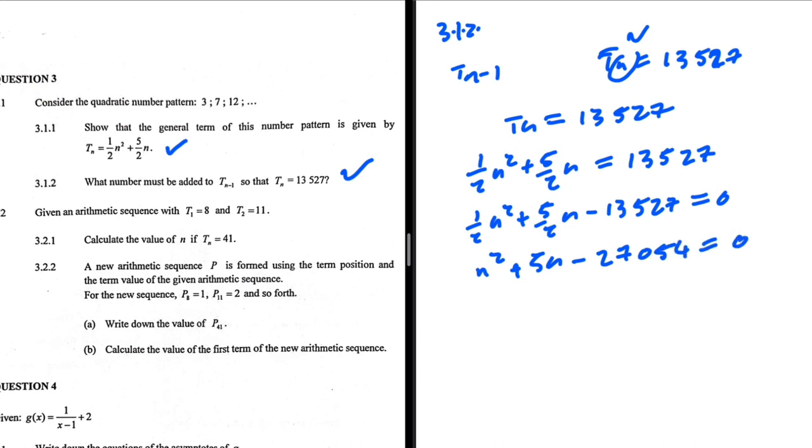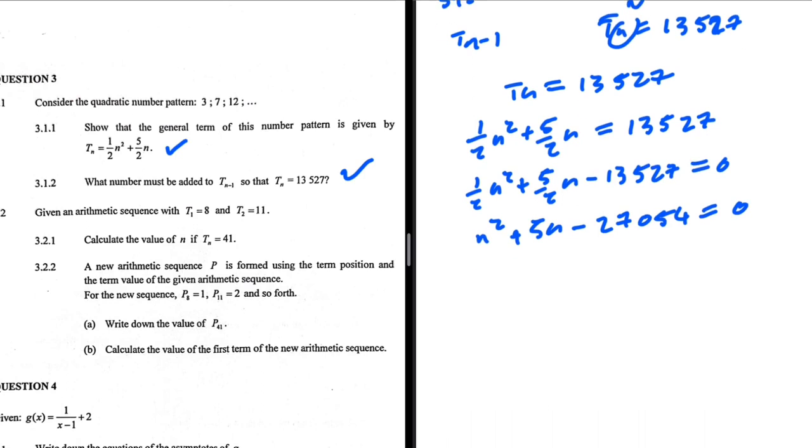Right, I need to use the quadratic formula now because I can't factorize this by hand. So n is equal to minus b plus or minus the square root of b squared, so that is 5 squared, minus 4ac. A is 1, c is minus 27,054.